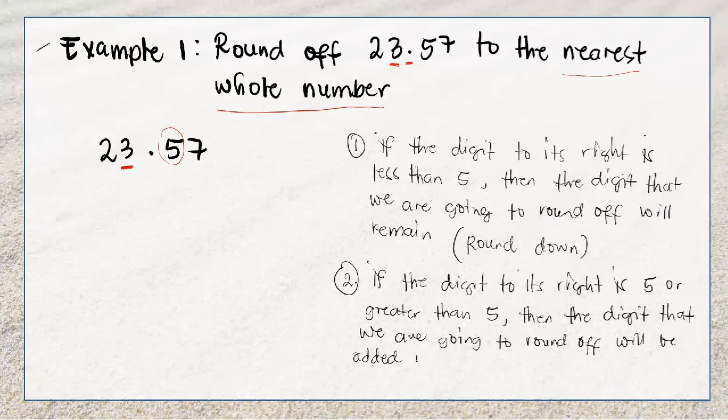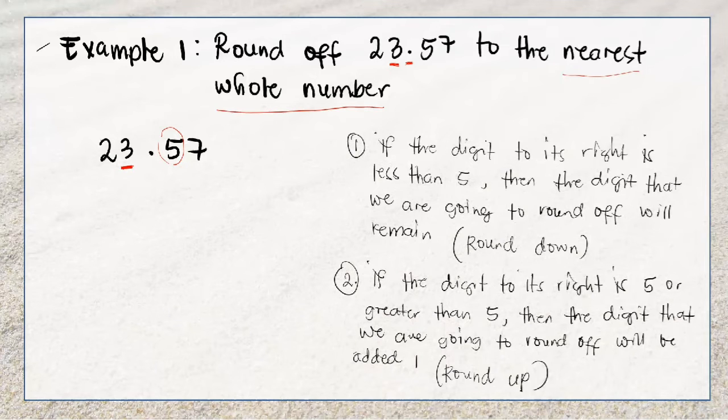Ibig sabihin, mag-a-add tayo ng 1 dun sa digit na ira-round off natin if the digit to its right is 5 or greater than 5. Eto naman yung tinatawag nating round up.